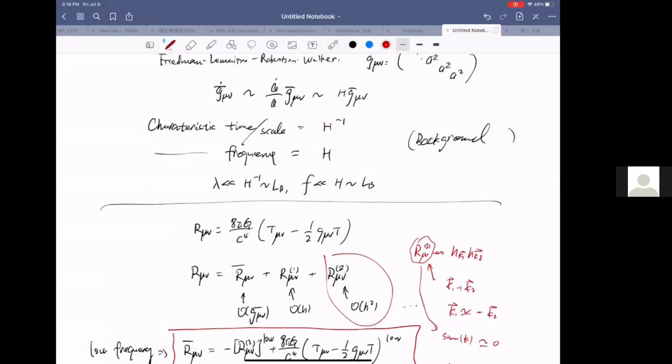It is very important, because the only way that you define a gravitational wave is that it has a completely different frequency or wavelength from the background, and the amplitude is smaller. Either the wavelength or frequency, and the amplitude, are both important. If any of these conditions doesn't apply, then you cannot define gravitational waves. That's very dangerous.